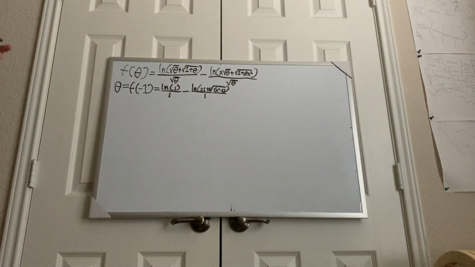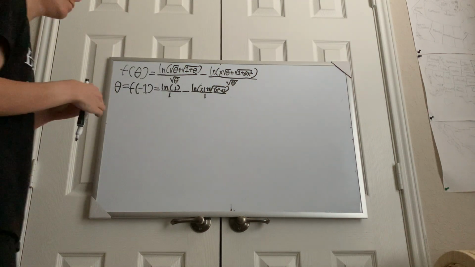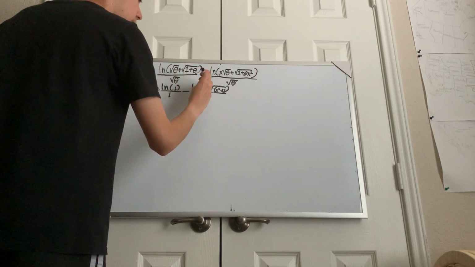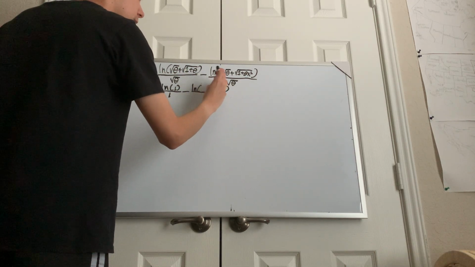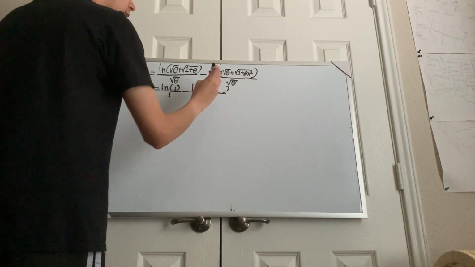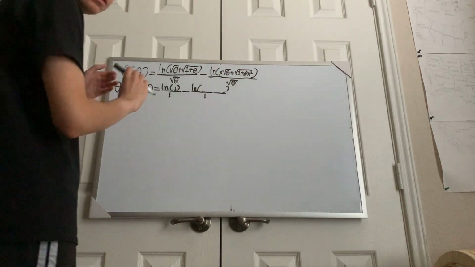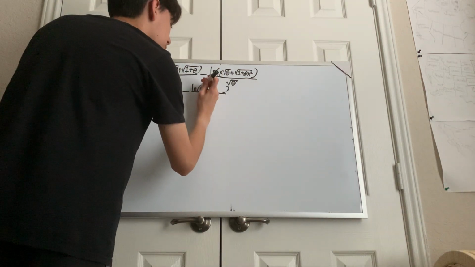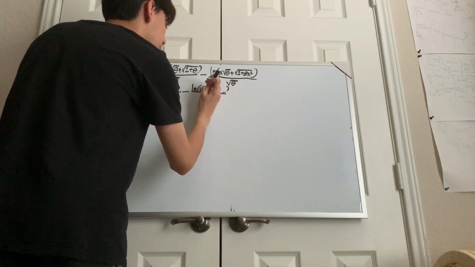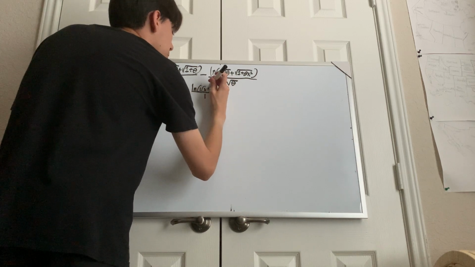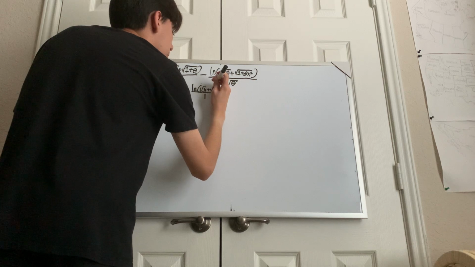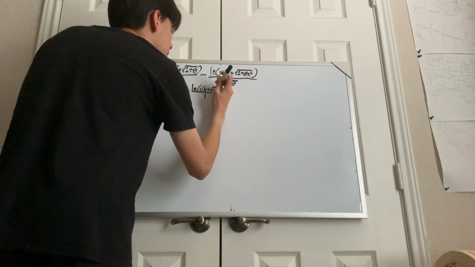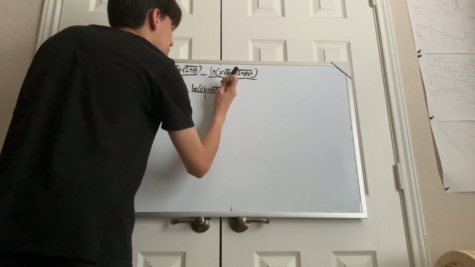So now we can factor out of all of this, since we have an xi at the beginning, we can factor out an i. So now we have natural log of i times x plus square root x squared minus 1.